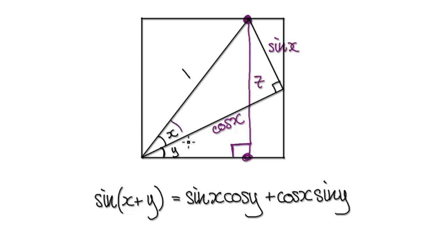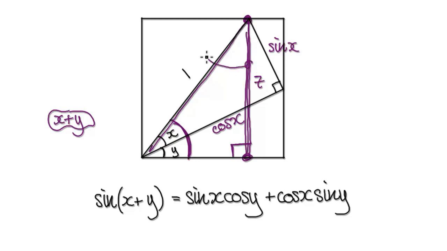Well, what is this angle here? This angle here is a combination of these two angles. So this angle here is actually x plus y as one angle. So we know the hypotenuse is 1, therefore we can work out this z. So we know we've got to use sine.